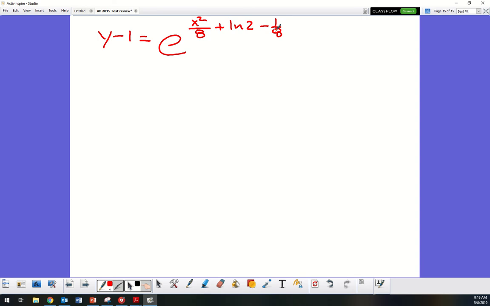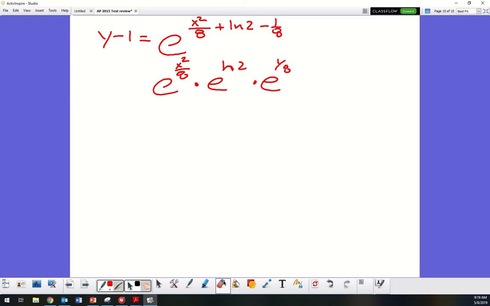When I'm adding exponents, it means I have the same base. So it would be e to the x squared over 8 times e to the ln 2 times e to the 1 over 8. So now, what is e to the ln 2? 2. Yeah, so that's just 2.